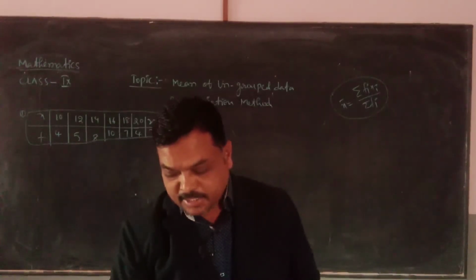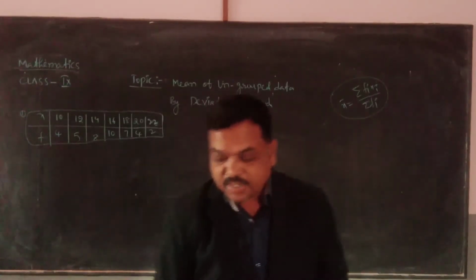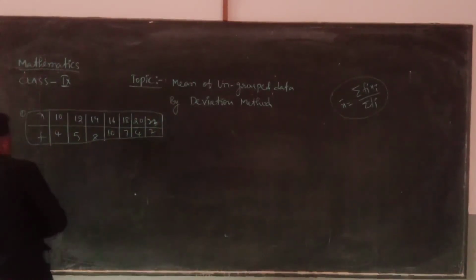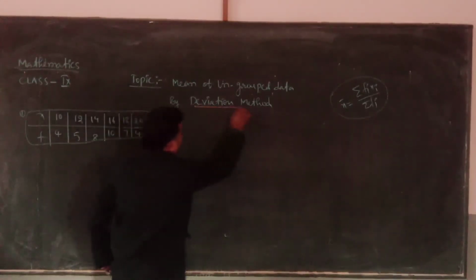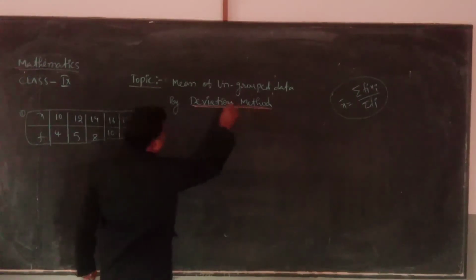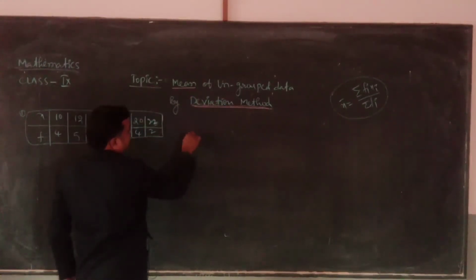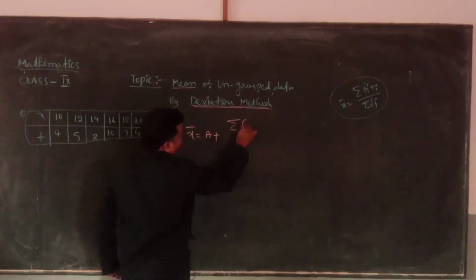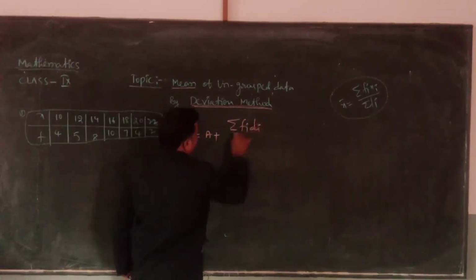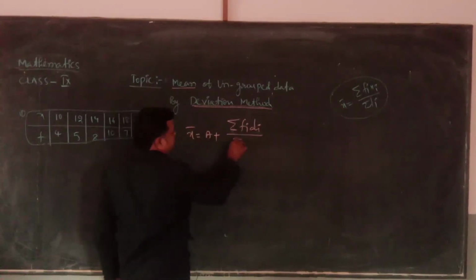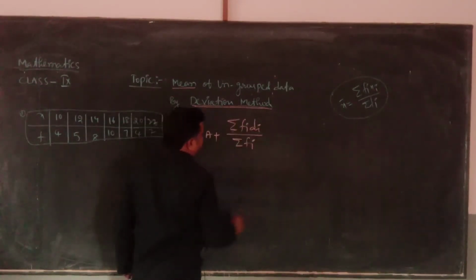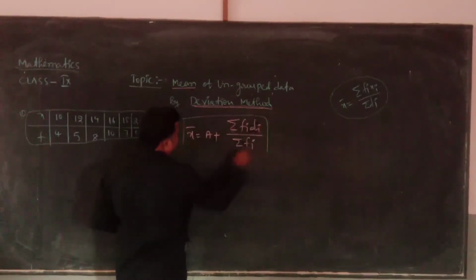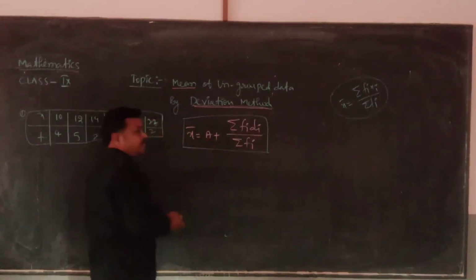To find the arithmetic mean, the formula for the deviation method is x bar is equal to a plus sigma fi di by sigma fi. This is the formula to find the arithmetic mean by deviation method.